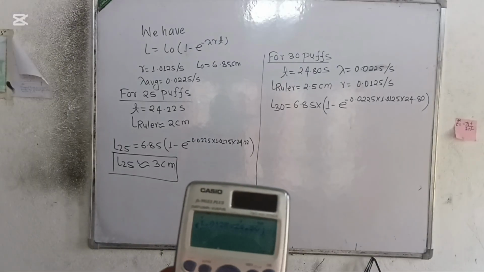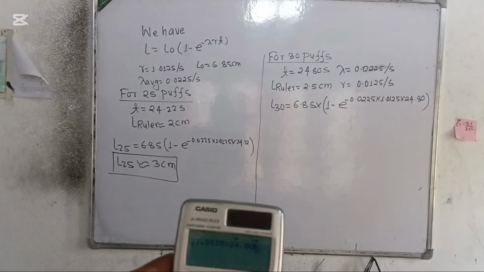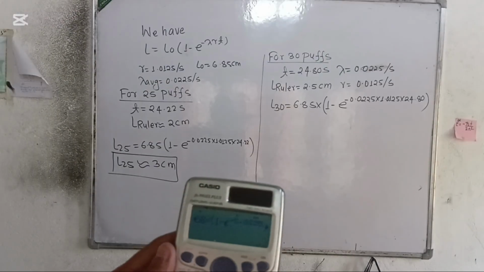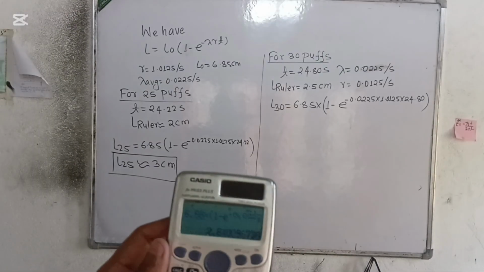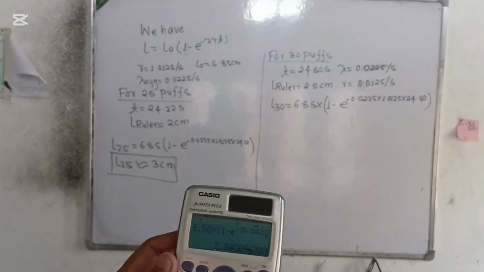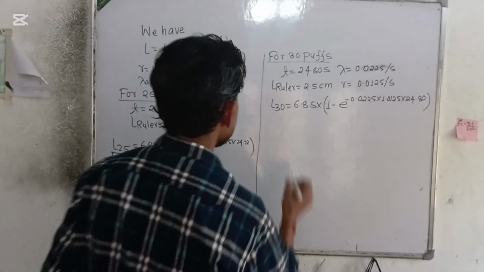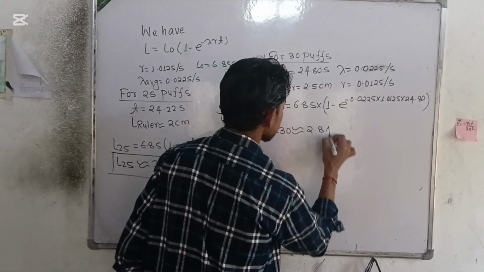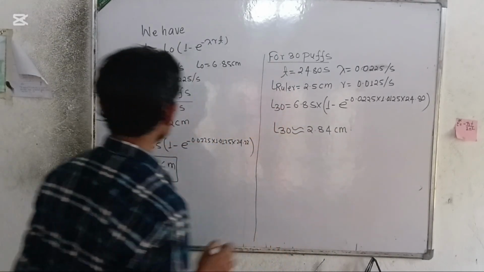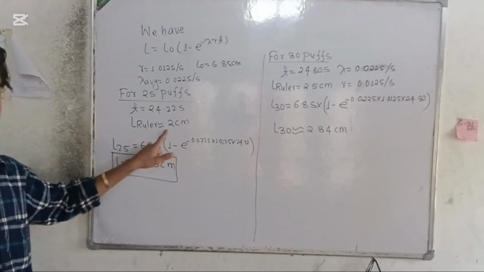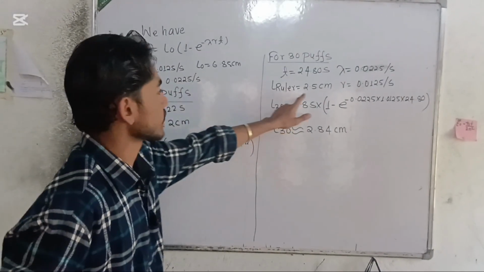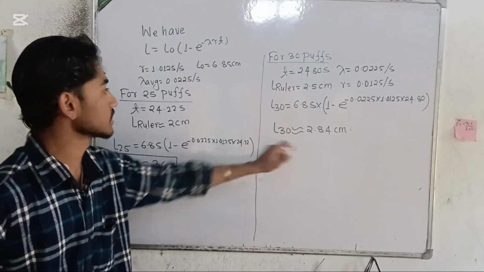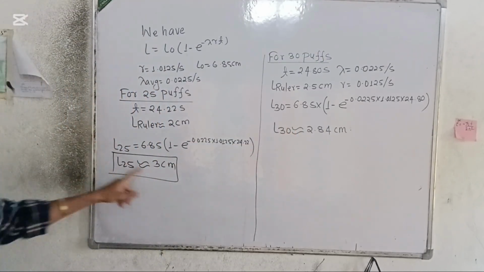So you can actually see from here, all the data I had taken is true, and I'm going to use equals, and it gives us 2.84. So L30 is approximately equal to 2.84 centimeters. During this calculation we have approximated this value, and during this we hadn't just approximated. That's why our result comes very near or closer to this. And during this we got 3 centimeters.